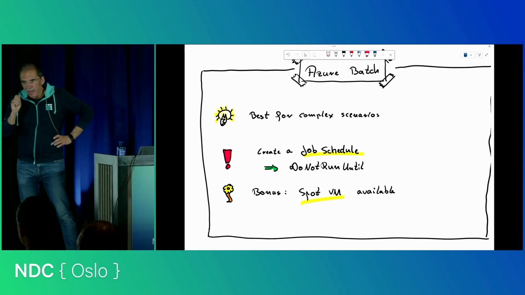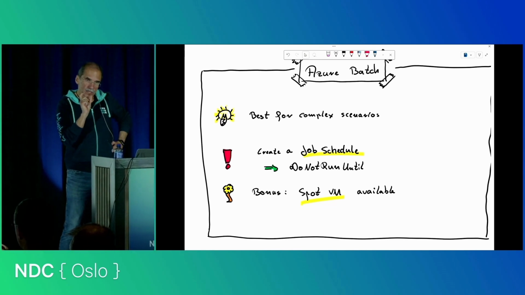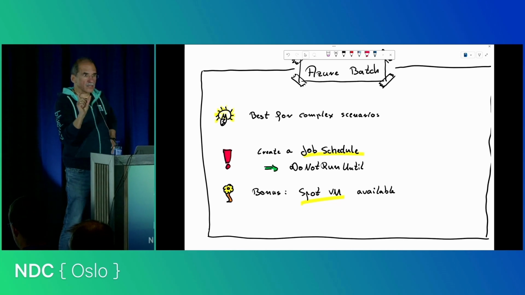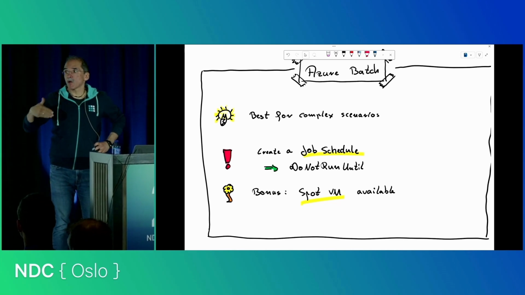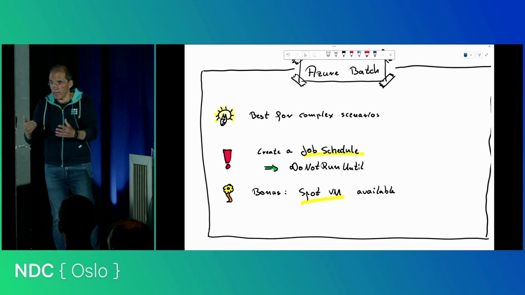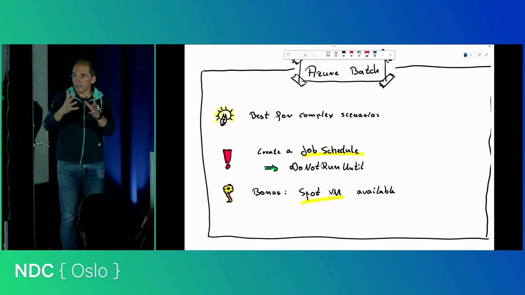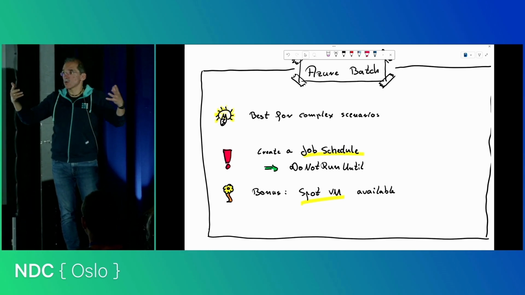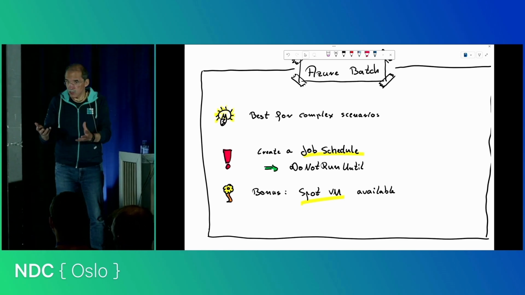The big advantage of Azure Batch is that you can configure it to run on spot VMs. Spot VMs are cheaper VMs: you get the computing resource when it's available and good for Azure. And they are really cheaper.